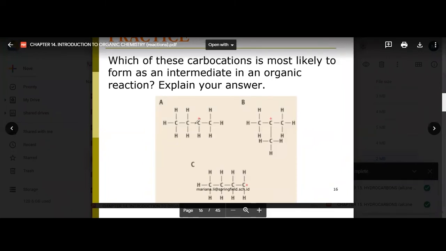A is secondary, because it has two R groups. B is tertiary, while C is primary. So the answer is B, because it is a tertiary carbocation. More R groups help to stabilize the positive charge.